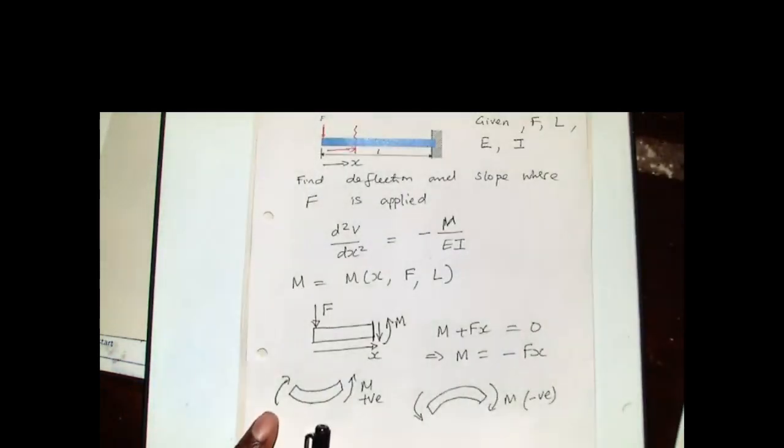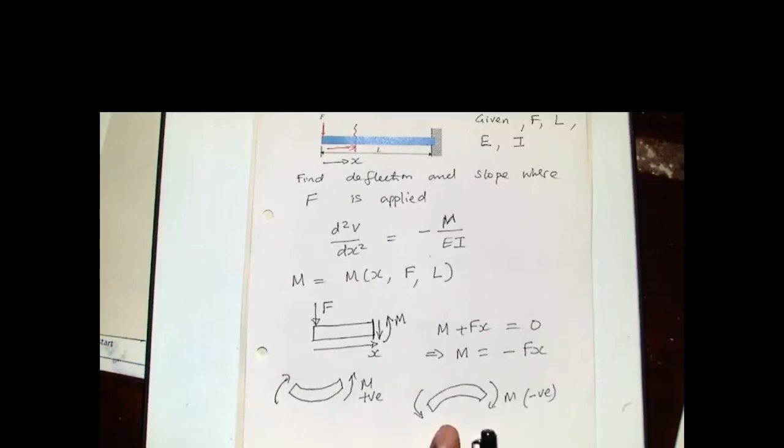Excuse me. You got the answer minus Fx because we assume that this is the anti-clockwise direction. No, I'm not using the phrase clockwise or anti-clockwise for bending moment. I'm looking at whether the moment is going to give me this or it's going to give me that.